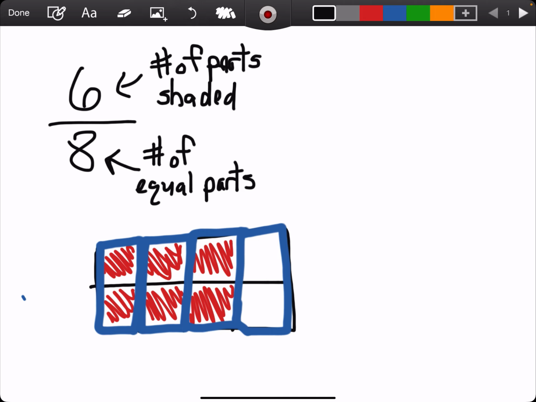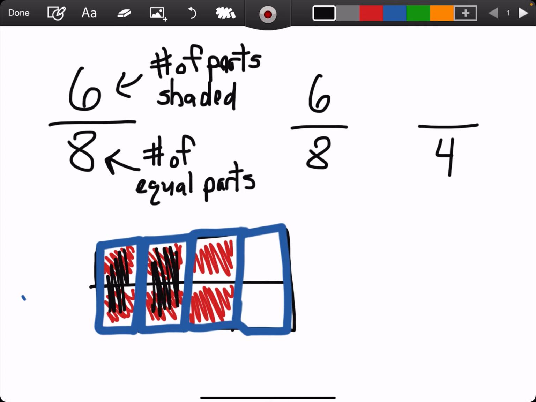So my denominator, which was eighths, is now fourths. How many parts do I have shaded in? I have 1 whole part, 2 whole parts, 3 whole parts shaded in.